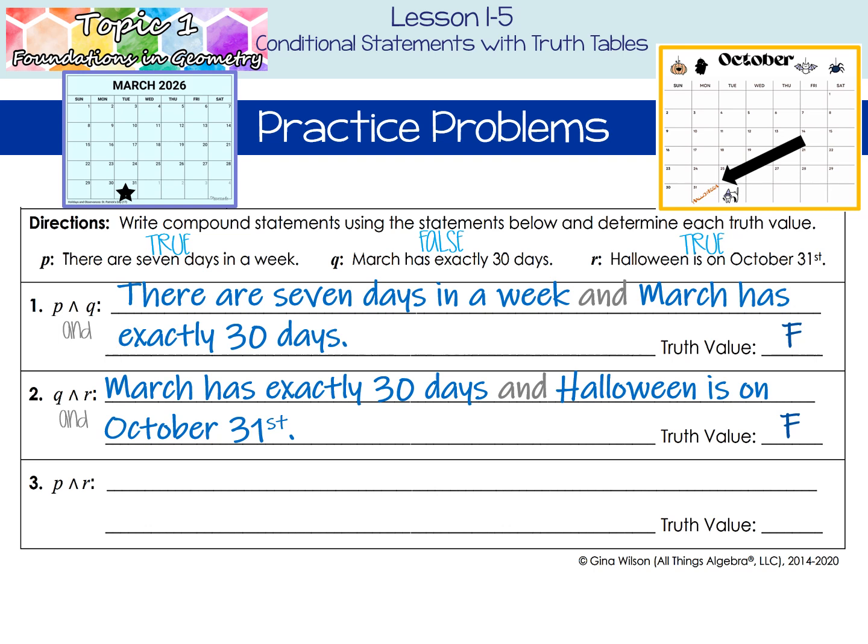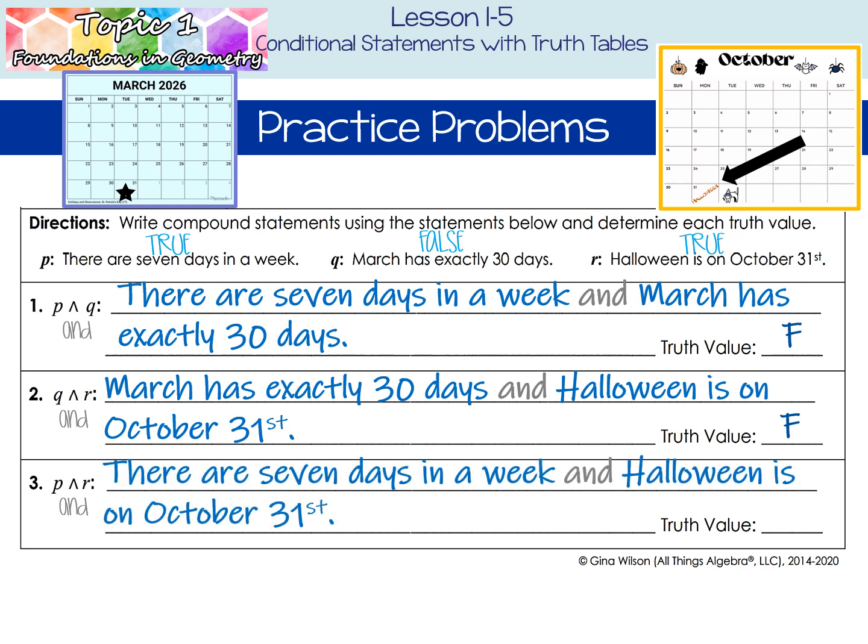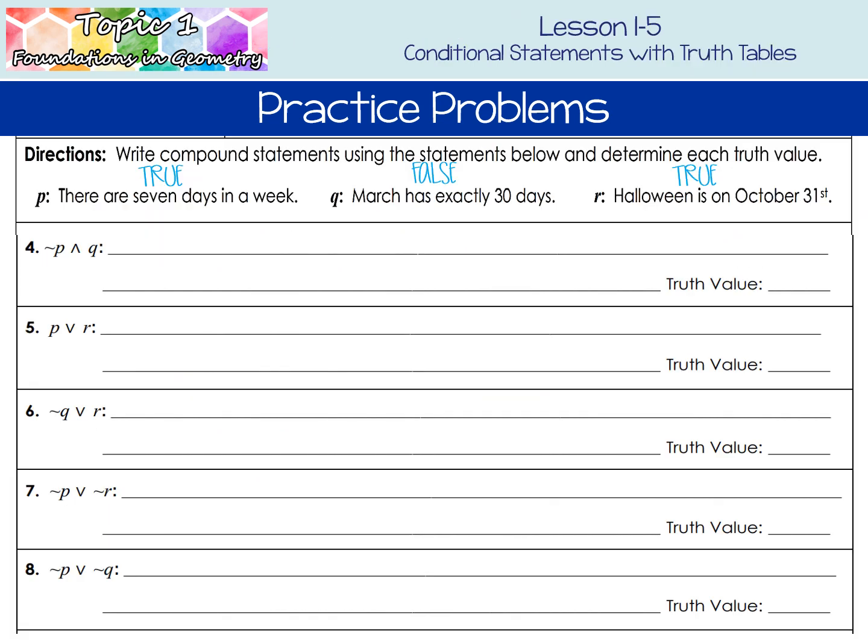Here's another one. This is also and. This is P and R. P, there are 7 days in a week. R, Halloween is on October 31st. Both of those are true, so the truth value is true. Let's do some more. Same statements. I carried over the truth value for each one.